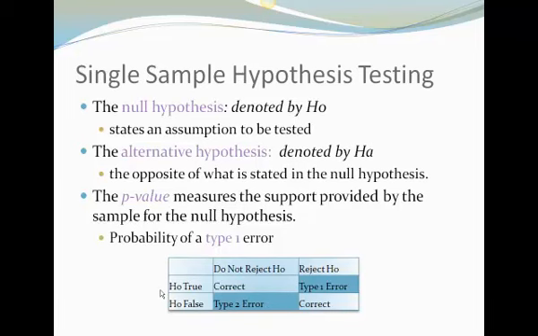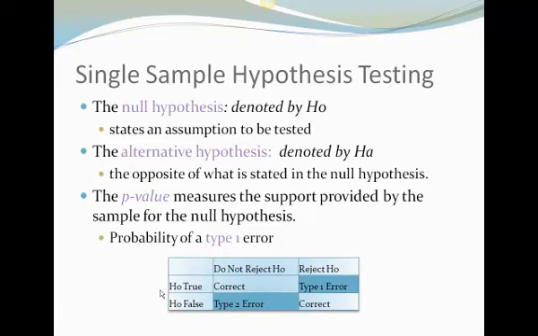A p-value is the measure of support provided by the sample for the null hypothesis. So a p-value is the risk of being wrong if you reject HO. So you want that to be really low because you want the risk of you being wrong to be low. That makes sense logically, right?